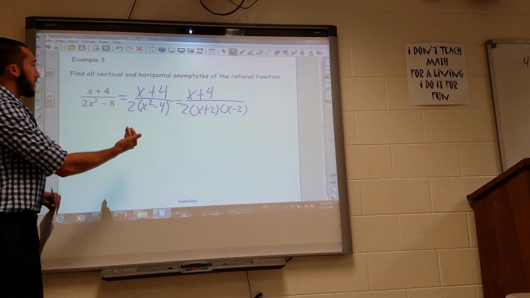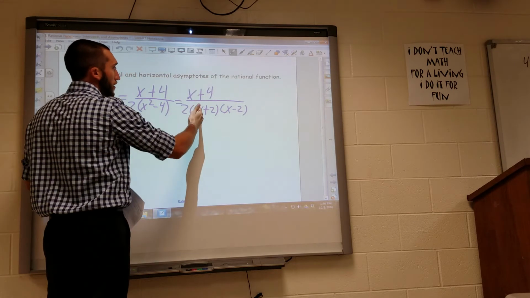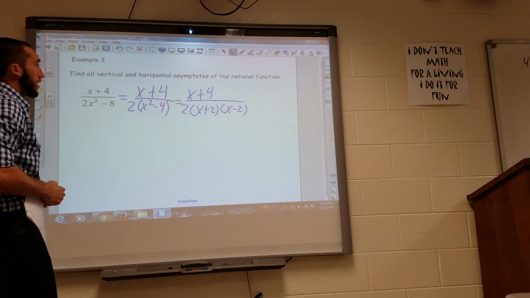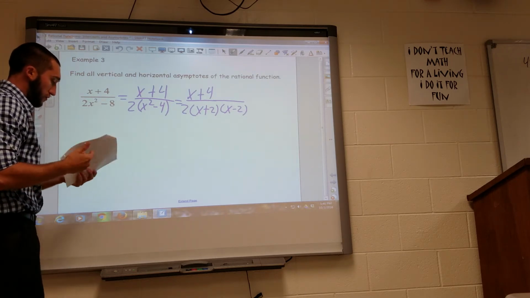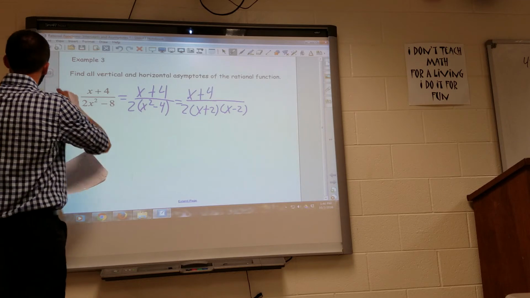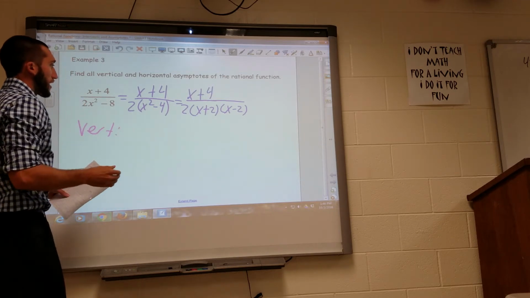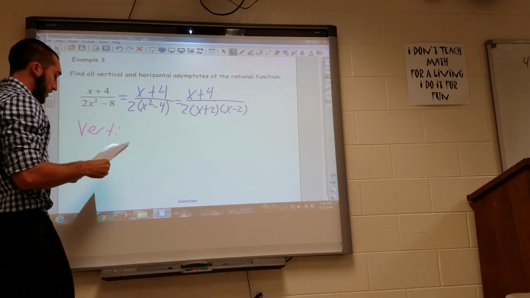We can see there's no holes because none of the factors will cross off. So that means I can go into my vertical asymptote to start. Vertical asymptote, remember, that's the zeros of the denominator.